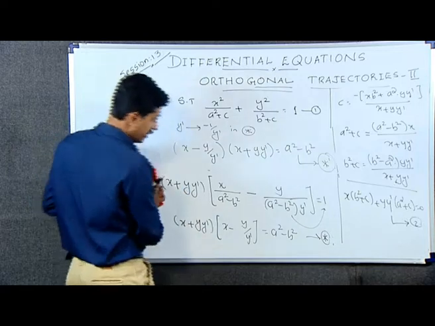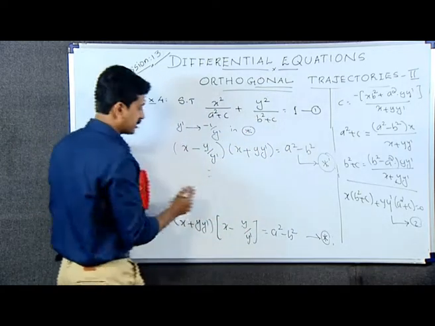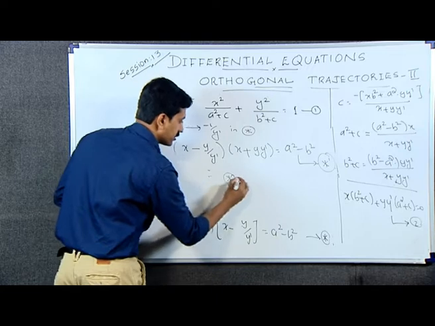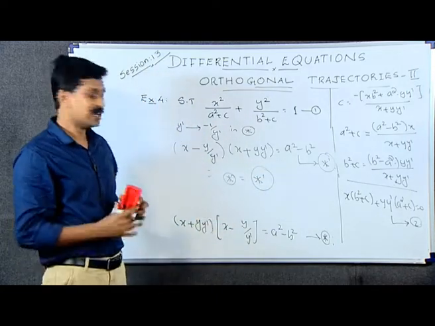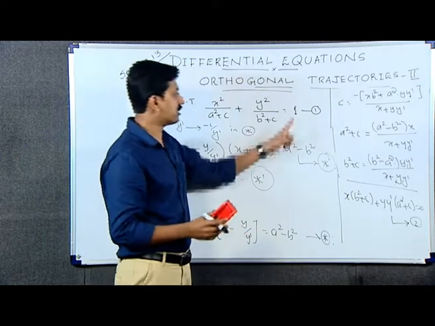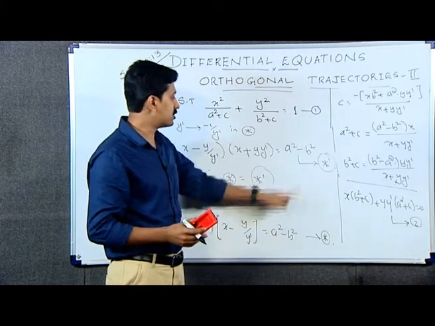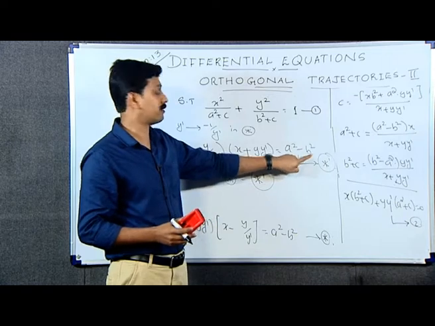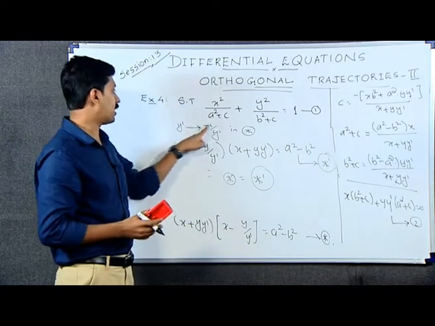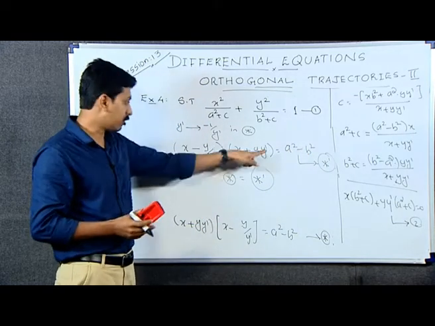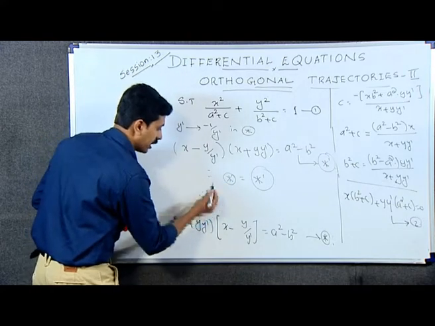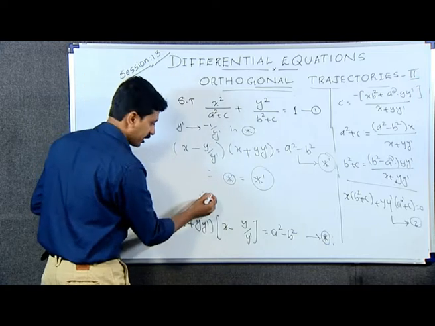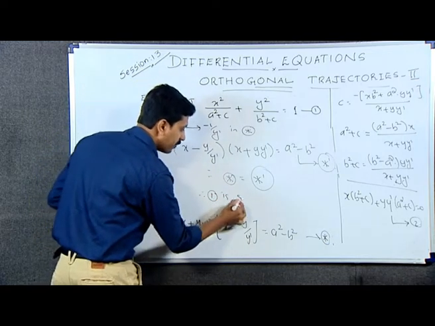So, actually the fact is that star is equal to star dash, and star is a differential equation derived from 1, and this is a differential equation we have got by replacing y dash as minus 1 by y dash. Both the differential equations are the same. Therefore, we can say that 1 is self orthogonal.